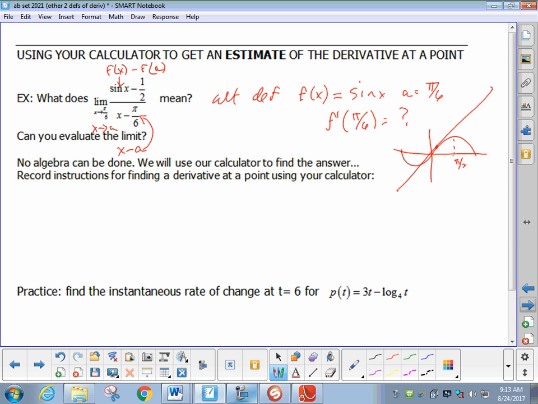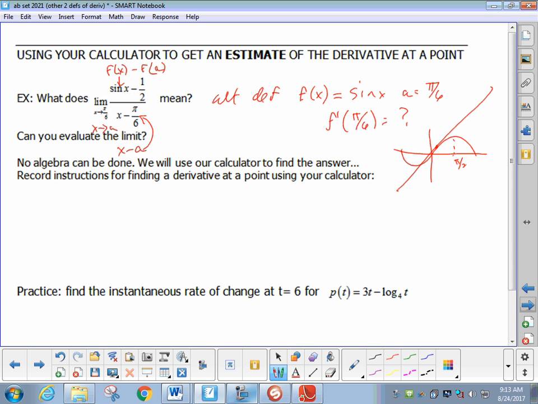Now then, our calculator, we're just going to ask it to calculate a slope. The calculator is going to find 2 points. Now, Inspire, I think it finds 2 points within 100,000th of each other and calculates the slope. That's all there is to it. On the 84, I think it took 2 points within 1,000th of each other. But at any rate, the calculator is not a calculus master.